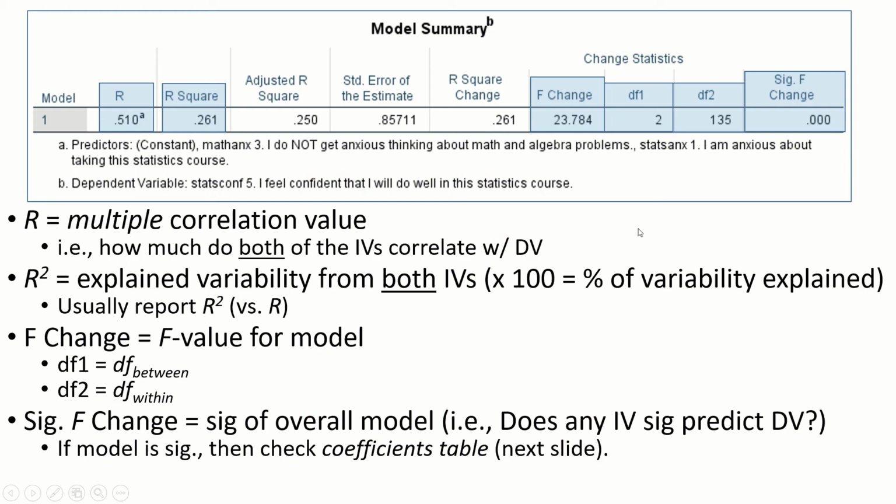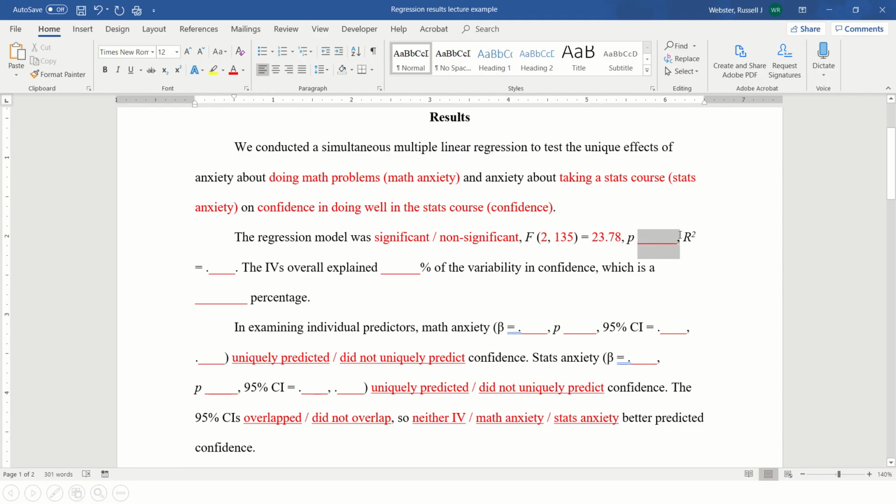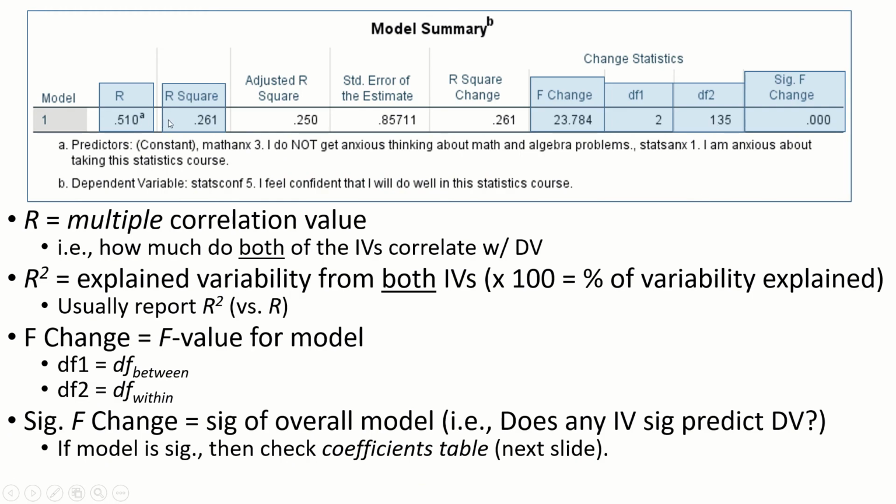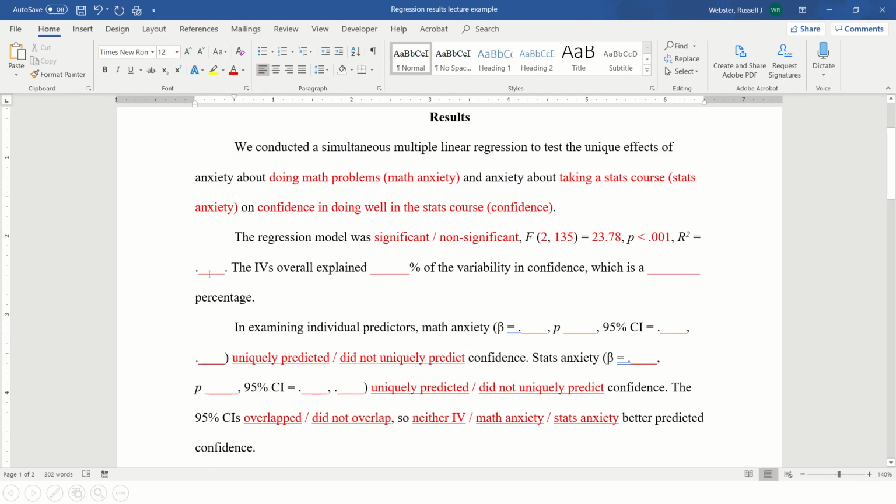And then our p value for the model here. So we get the triple zeros, so we denote that as p less than 0.001. And then our R square value of 0.261.